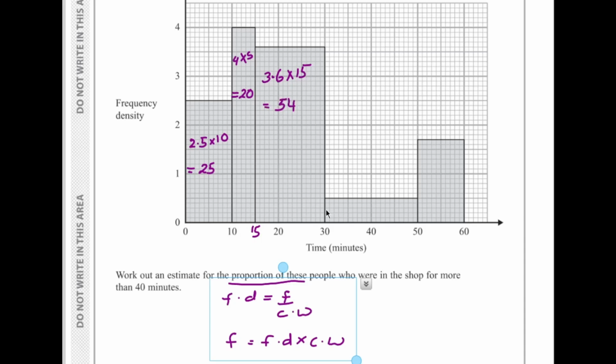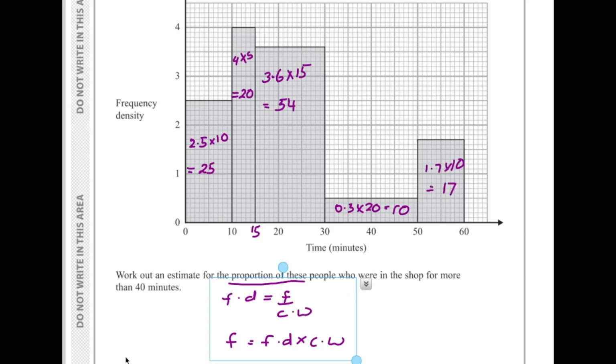Here the frequency density is 0.5, times class width, which becomes 20, which becomes 10. Here the frequency density is 1.7, times 10. The class width is 10. Therefore, the frequency is 17.